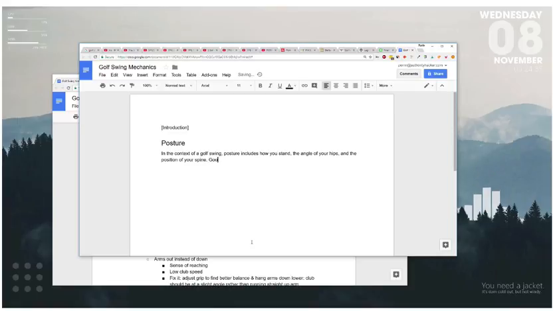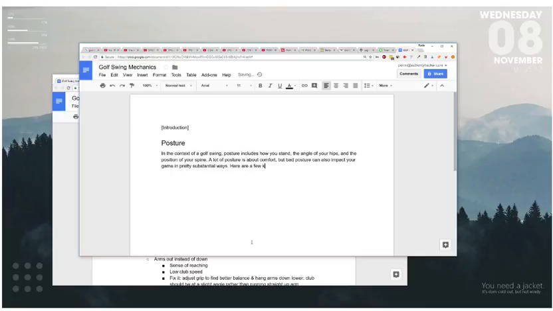Good. A lot of posture is about comfort. That's something I know from experience, but it's also something other people were mentioning. But bad posture can also impact your game in pretty substantial ways.